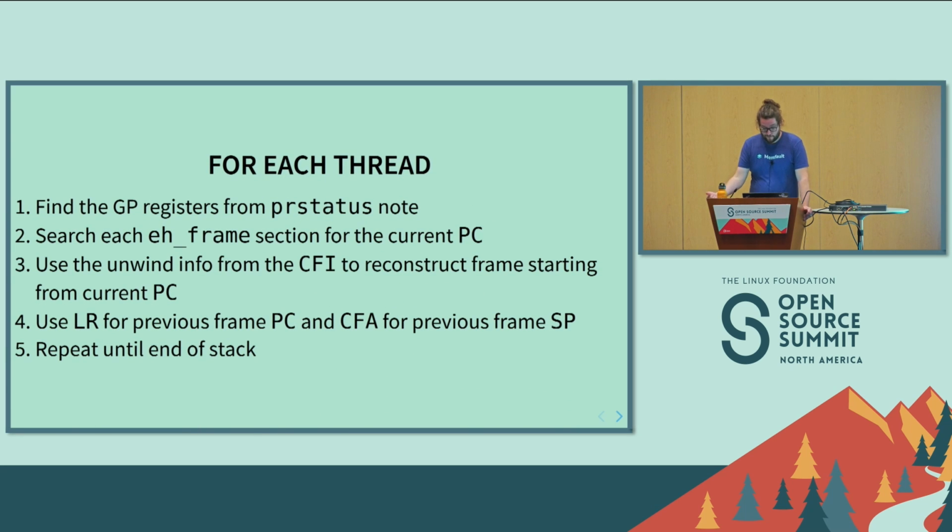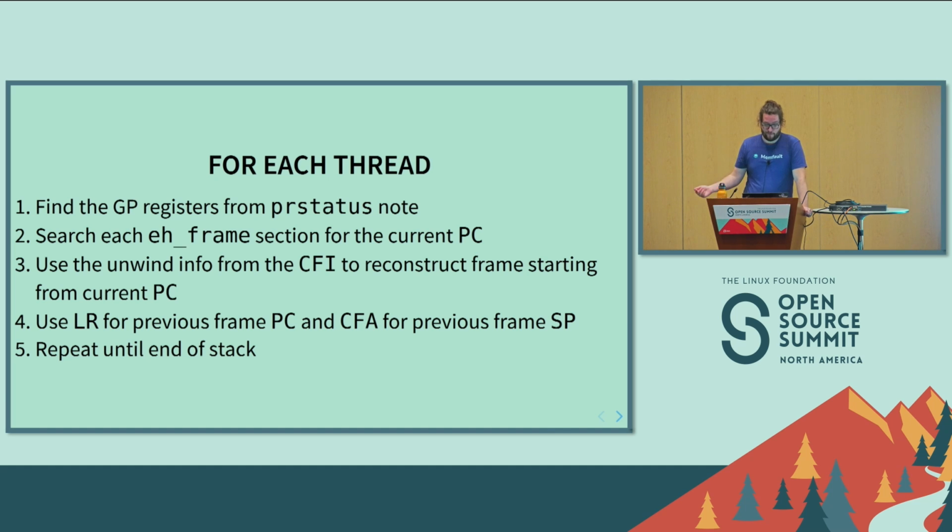So first, for each thread, we need to find the GP registers, search inside the EH frame or EH frame header, go through all of those rules to reconstruct the registers, and then what we want to do is use the LR, or on platforms like x86-64 where there is no LR, they create a virtual register that's just the return address.